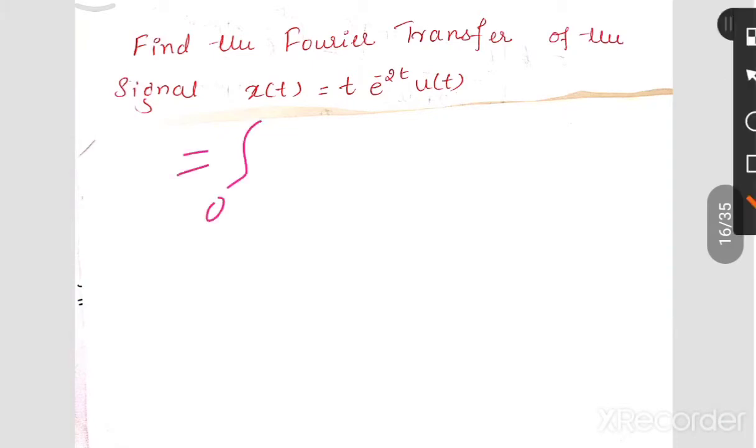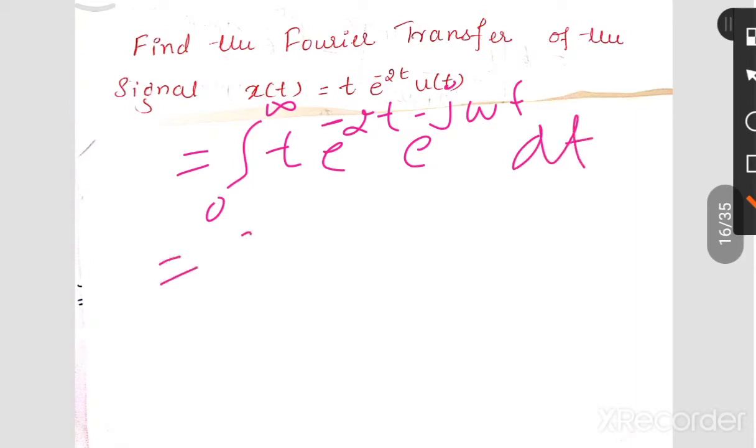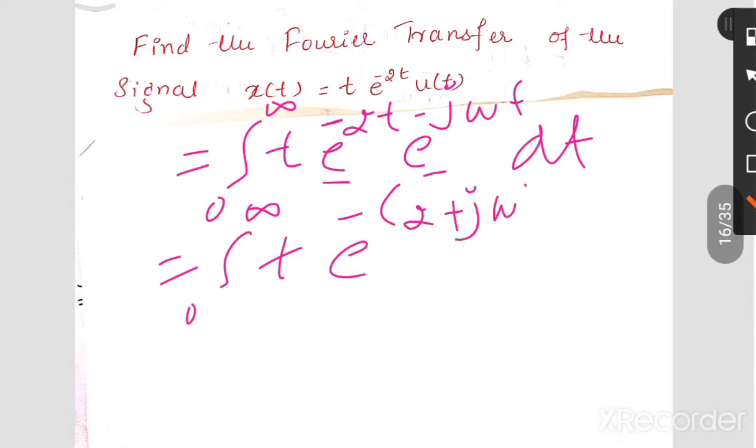We'll take t as it is, and since the bases are the same, we take e raised to minus outside, 2 plus j omega into t, into dt.